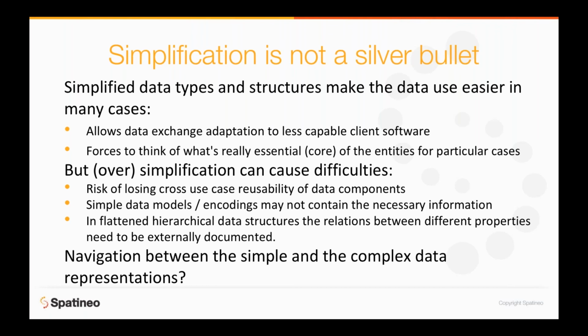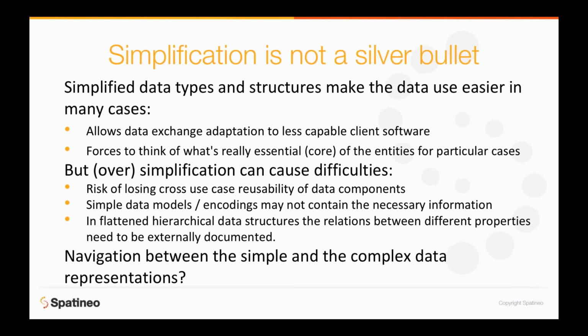The simplification can cause more difficulties in some cases, because if you do a lot of these use case specific, user group specific encodings and simplified models, you end up with a few alternative encodings, which also might make it more difficult for the users to choose which one they should use. And also, of course, if you need to support 10 encodings instead of one INSPIRE harmonized encoding, it's more work for the data providers.